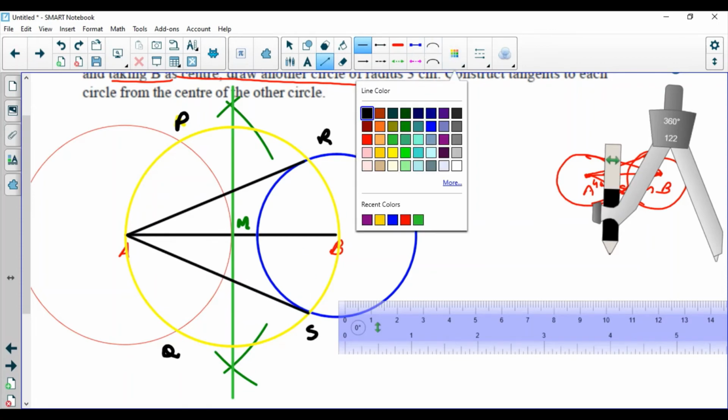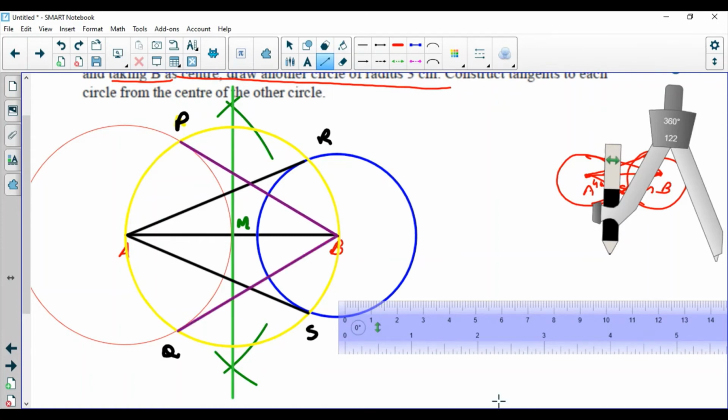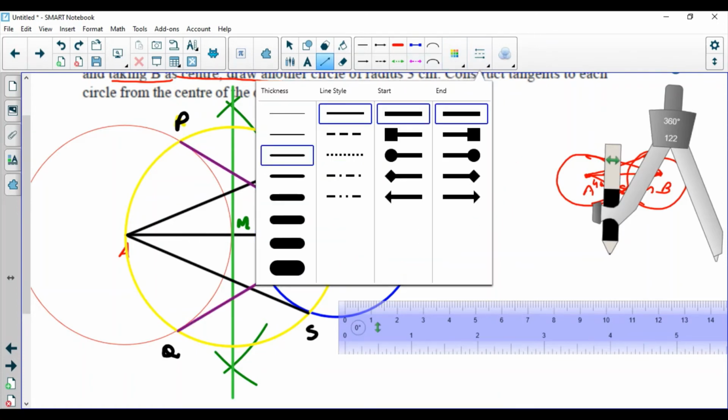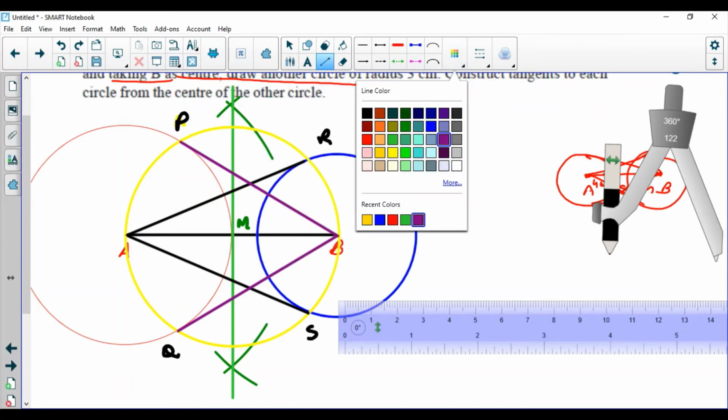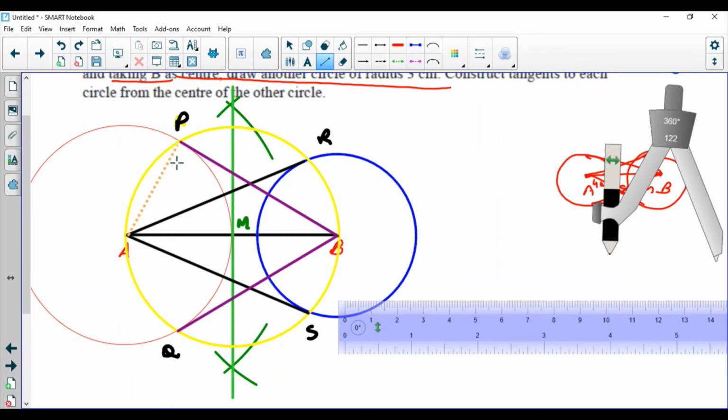So for justification what can we write here? If we join AP and AQ, they are radii, and APB and AQB are angles in a semicircle, right? Because if you consider the yellow circle, they will be angles in a semicircle. Same here, if you join BR and BS, they are radii of the smaller, blue circle, and ARB and ASB are angles in a semicircle of the yellow one.